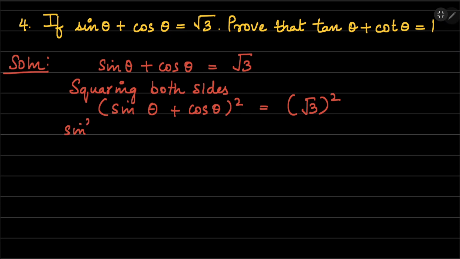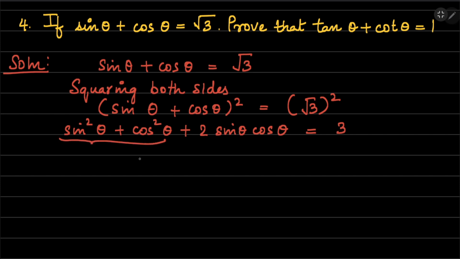So you get sine square theta plus cos square theta plus 2 sine theta cos theta is equal to root 3 the whole square, which is 3. So we know sine square plus cos square is equal to 1, right? So 1 plus 2 sine theta cos theta is equal to 3.